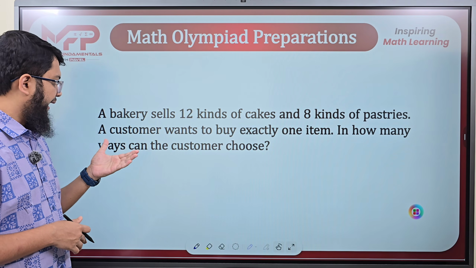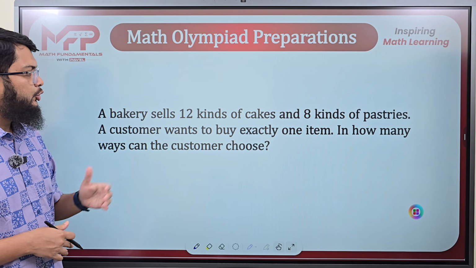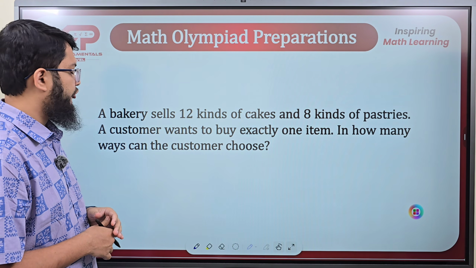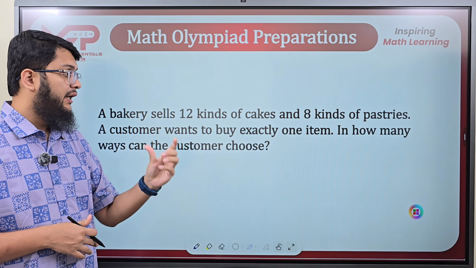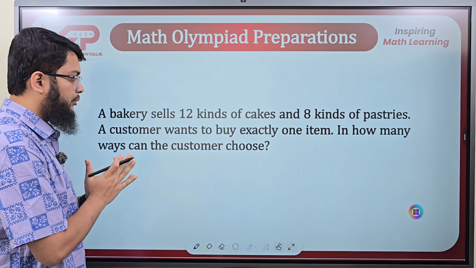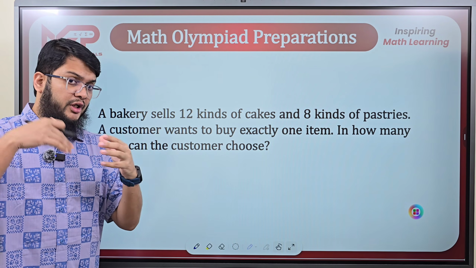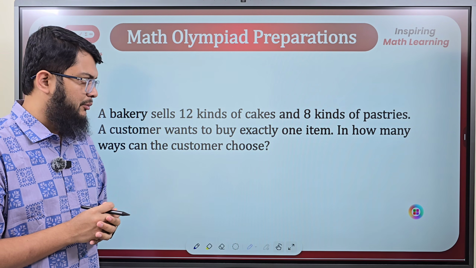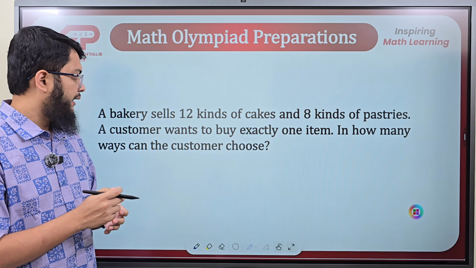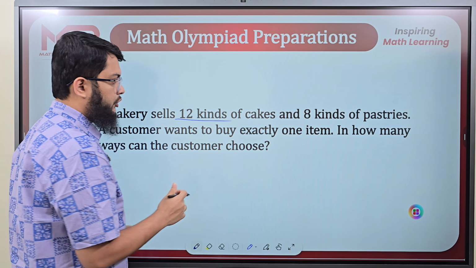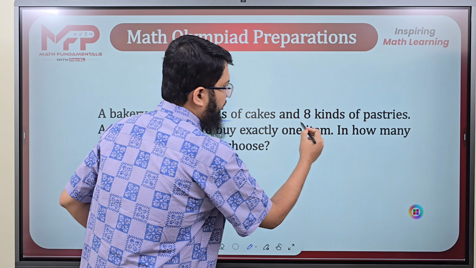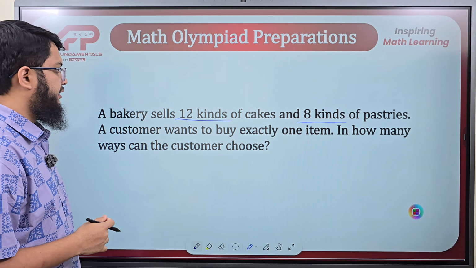The question reads as: a bakery sells 12 kinds of cakes and 8 kinds of pastries. A customer wants to buy exactly one item. In how many ways can the customer choose? Okay, so if you remember the concept of addition principle and multiplication principle, here you are given 12 options to choose from the cakes and 8 options to choose from the pastries.